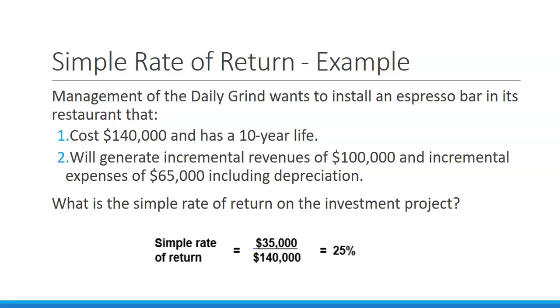So our operating income is revenue minus expenses, so $35,000. Take $35,000 divided by the investment. There's no salvage value listed, so it's just the amount of the investment. And our simple rate of return, or accounting rate of return, is 25%.